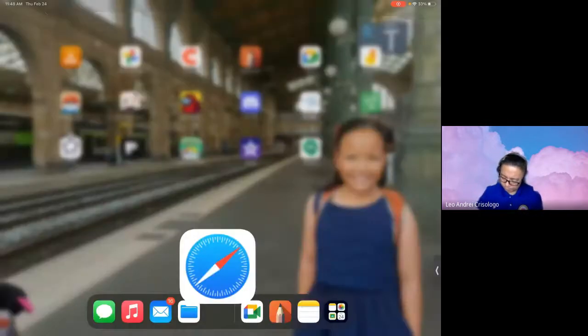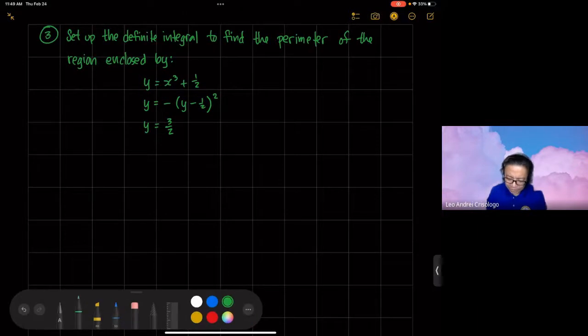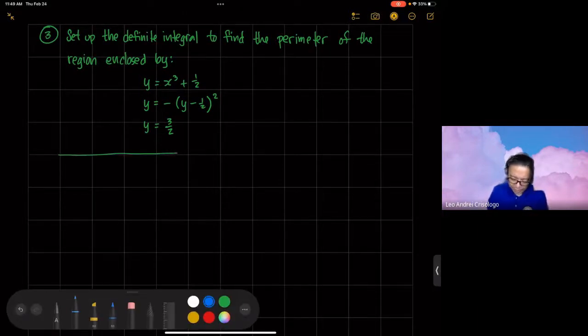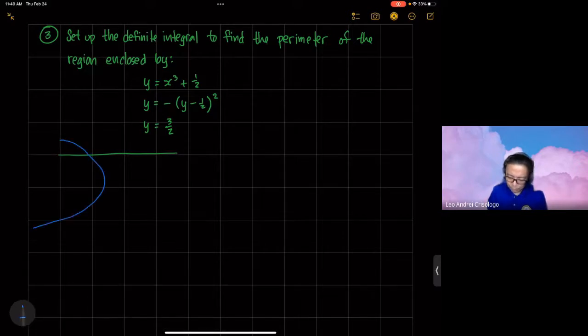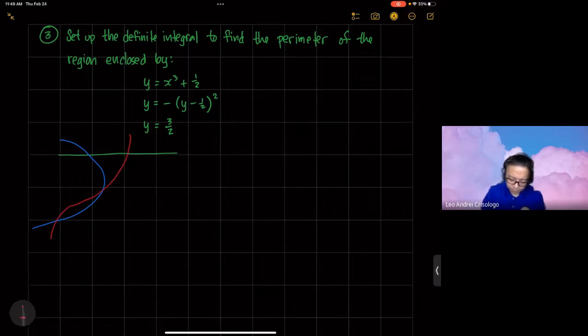So let me try to sketch. I think I used green on top, then a parabola that opens left in blue, then a red cubic. So the cubic has equation y equals x cubed plus 1/2.